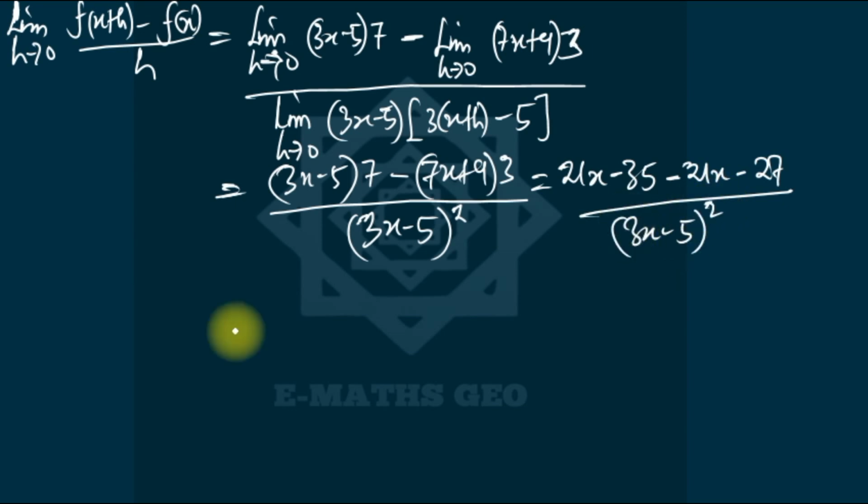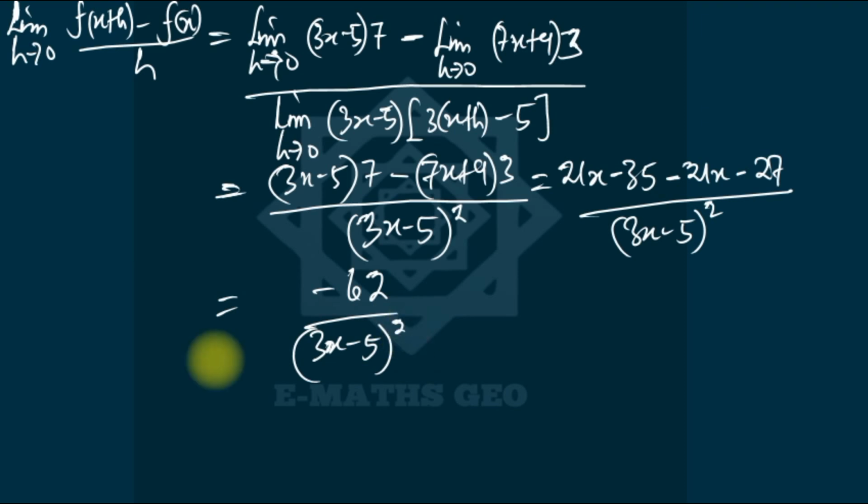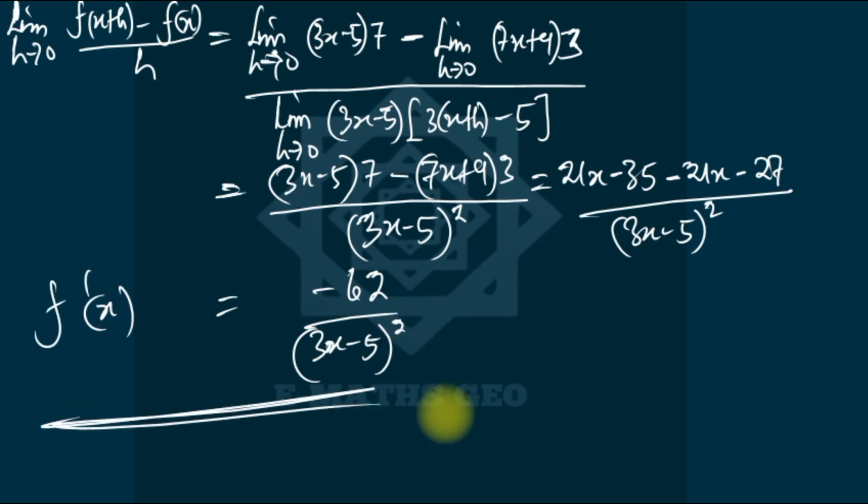You can see that 21x subtracts 21x, we are left with minus 35 minus 27, which is minus 62 over 3x minus 5 all squared. So that's the derivative. This is f prime of x.